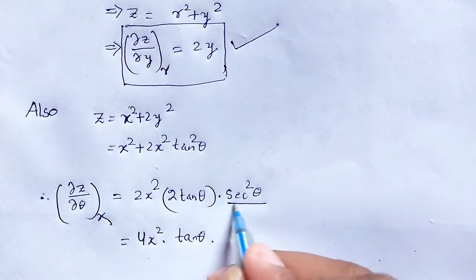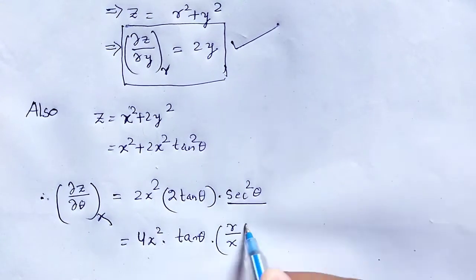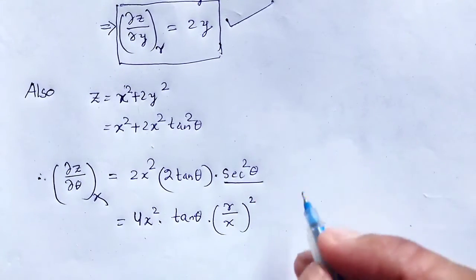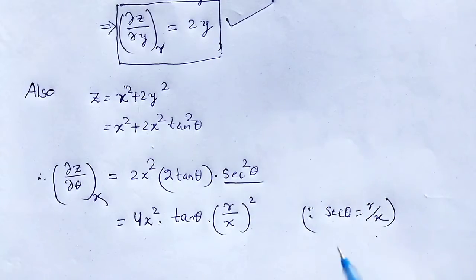In place of sec theta I can write r by x, whereas sec theta is equal to r by x.